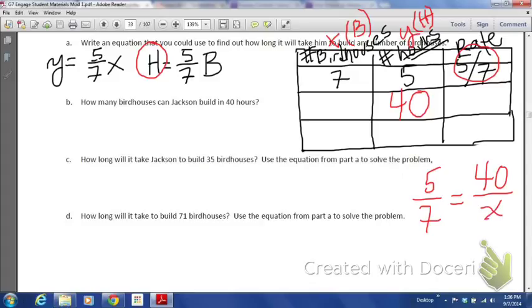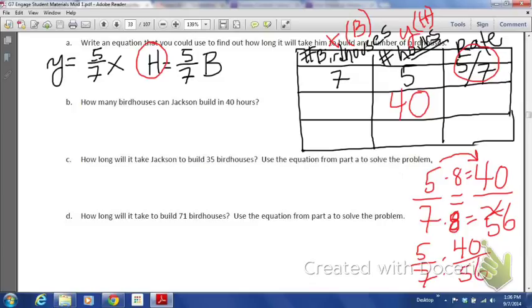Hopefully you know with your fractions you're finding relationships. So how is 5 related to 40? It's multiplied by 8. And whatever you do to the top, you need to do to the bottom as well, the numerator and the denominator. If we multiply 7 by 8, we get 56. So we know that 5 over 7 is equivalent to, proportional to, 40 over 56. This 56 would be our x value, and that would go here. Okay, so we can check it that way.